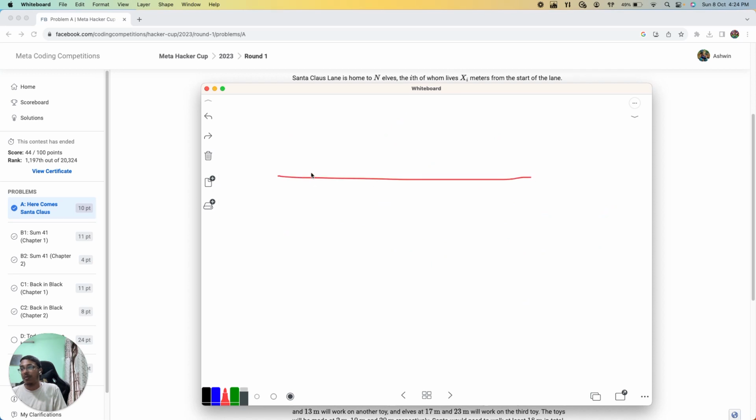So the 5 case has x1, x2, x3, x4 and x5. So these two are assigned in the same group, these two are assigned in the same, but this elf we left, and he again cannot work on a toy alone, because there should be at least 2 elves in a group in order to work on a toy.